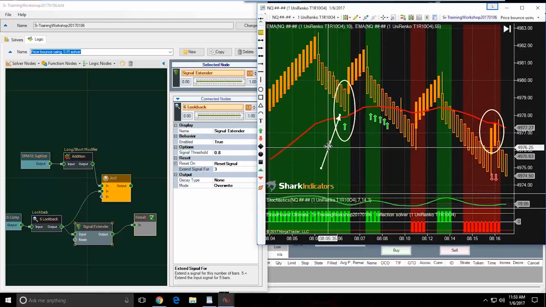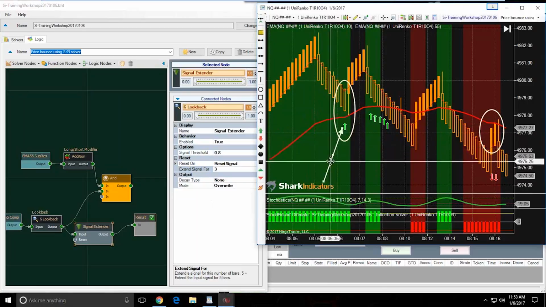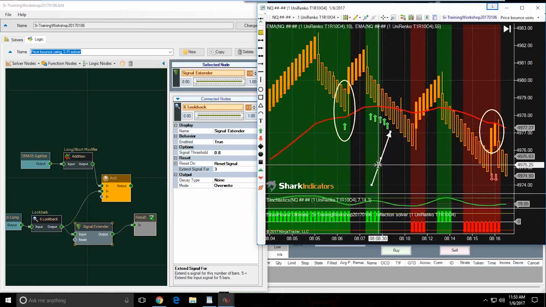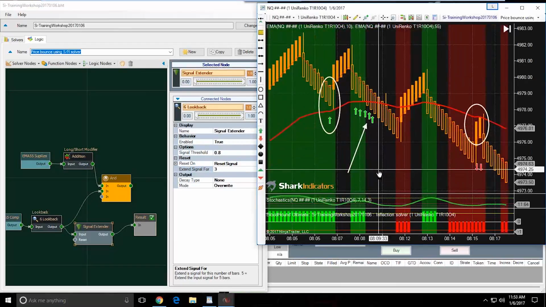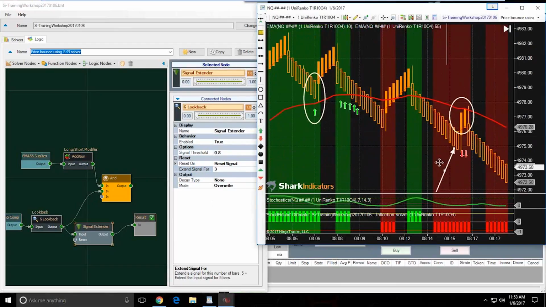You'll notice our trend detection output has been extended forward, and it's covering quite a few of these bars here. Over here, our downtrend logic has been extended, so it covers these 2 bars where price could possibly bounce. And we did get a bounce there.